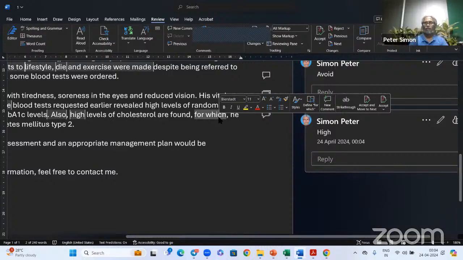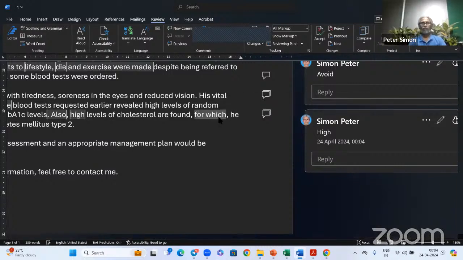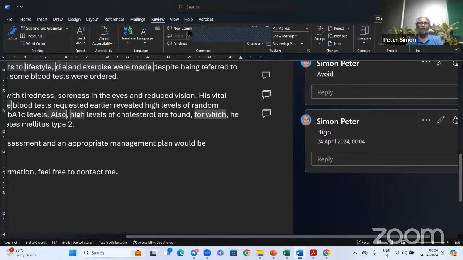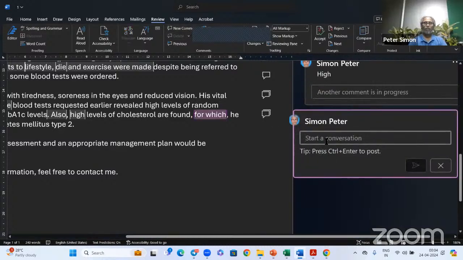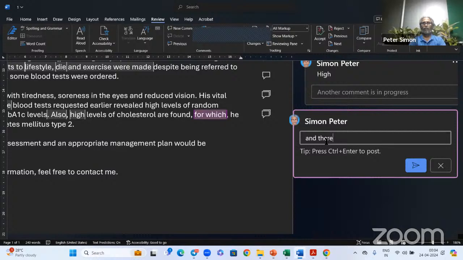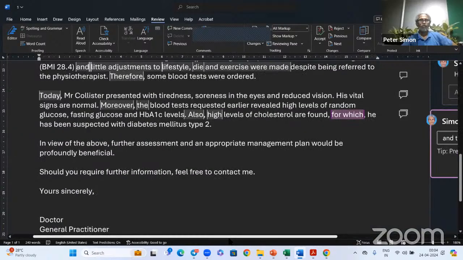And therefore, comma, type 2 diabetes mellitus has been suspected. Why so long?